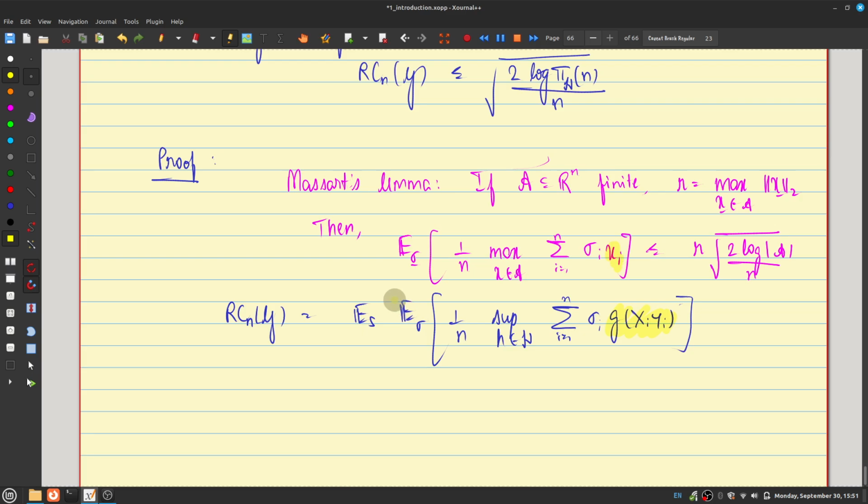Because anyway, this whole thing depends on one particular choice of S, right? So for a given S, what is this maximization taken over?